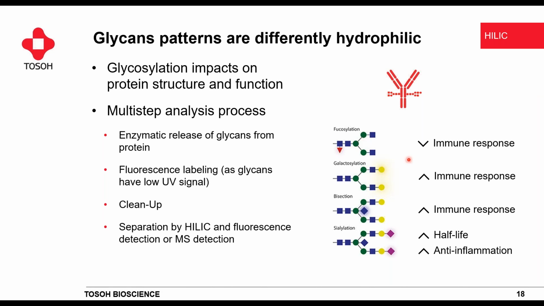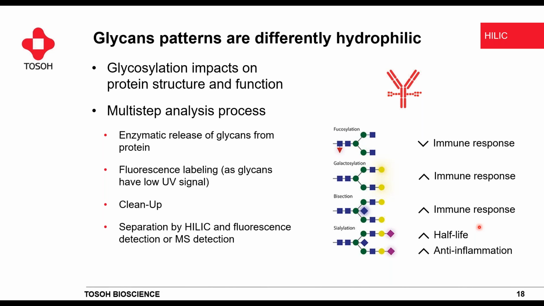If you look here on the right side, you see that depending on your glycans, they have different influences. For fucosylation, for example, it reduces the immune response, whereas the galactosylation and the bisecting GlcNAc are increasing the response. And there's also sialylation, on the other hand, that is increasing the antibody half-life and the anti-inflammatory effect as well.